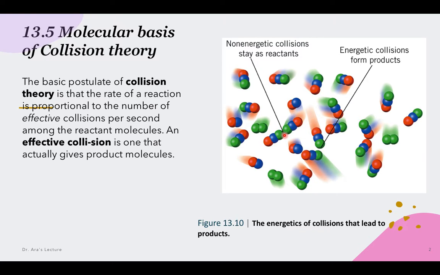Whatever the original orientation supposed to make product, it could not. The orientation or direction changes, and also maybe the energy is not enough, so they could not collide and come close correctly to make the product.